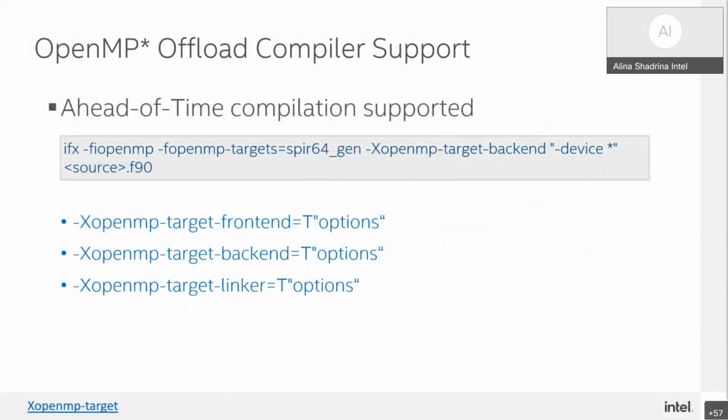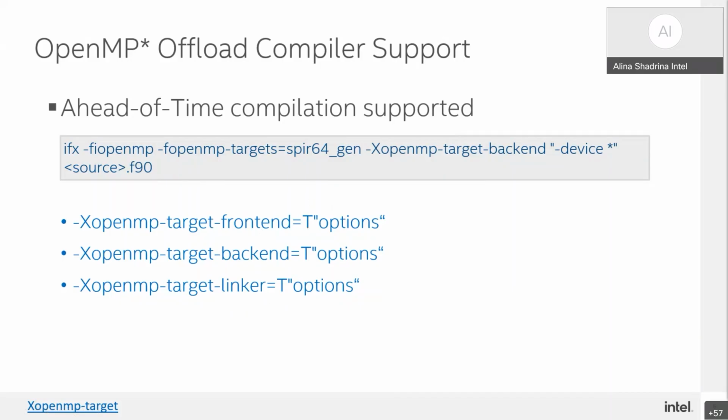Yeah, and also one more point here is that ahead of time compilation is supported as well. To use it, you need the -Xopenmp-target-backend option. Actually, there are three types of options created using one template. It's like -Xopenmp-target, and you add one keyword for what you are going to send your options to. You can work with front-end options, with back-end options, and with linker options.